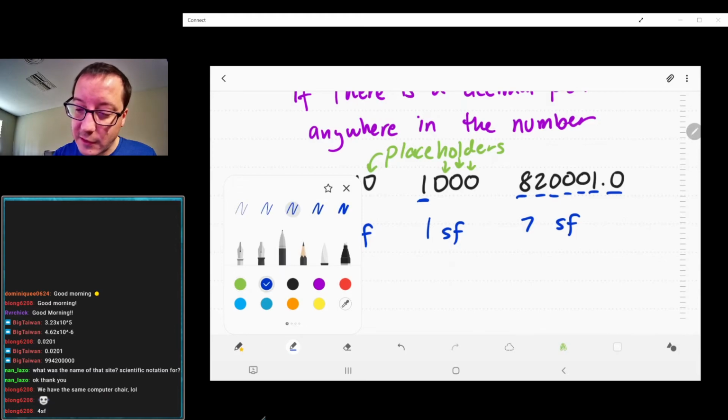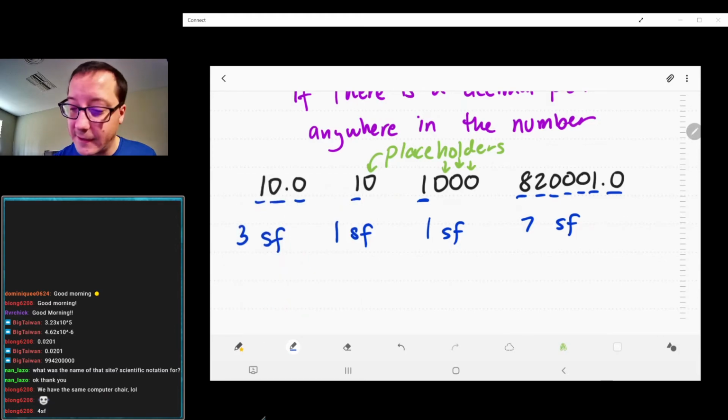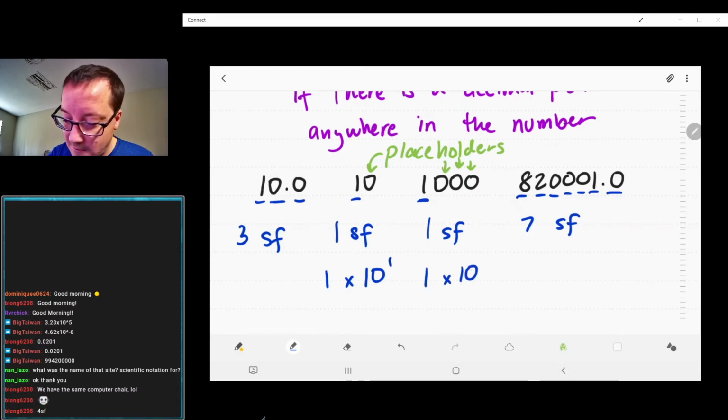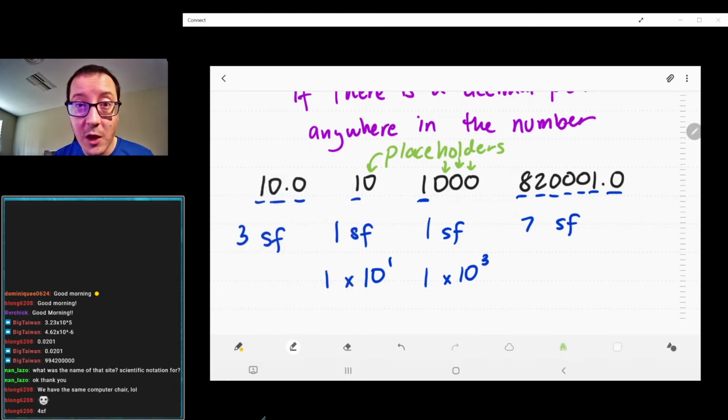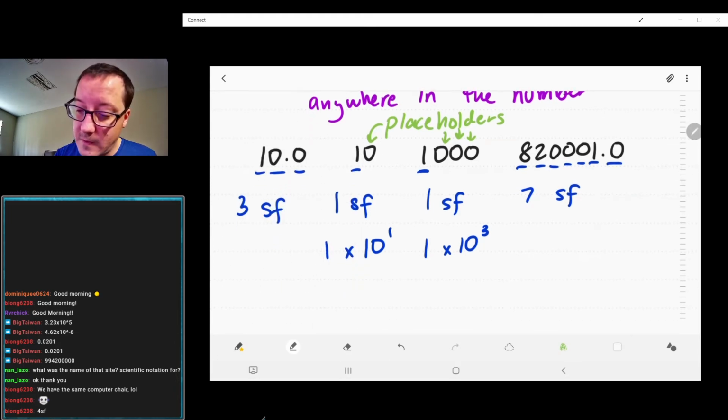How do we know this? If we were to convert these numbers into scientific notation, we would have 1 times 10 to the 1. And this number would be 1 times 10 to the 3rd. Notice that even though the base number there is still the same, the 1, these are going to be very different, right? So that's where those placeholder zeros go.